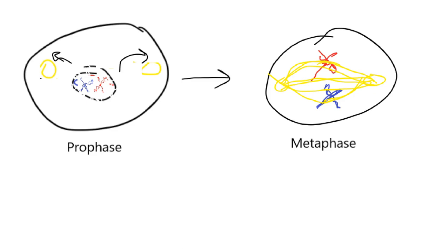Just kind of know that those centrosomes are attaching to the chromosome. They're going to attach in the center. It's not really a centromere. It's a kinetochore, which is a protein structure associated with the centromere. But just know the centrosomes are attaching to these chromosomes.